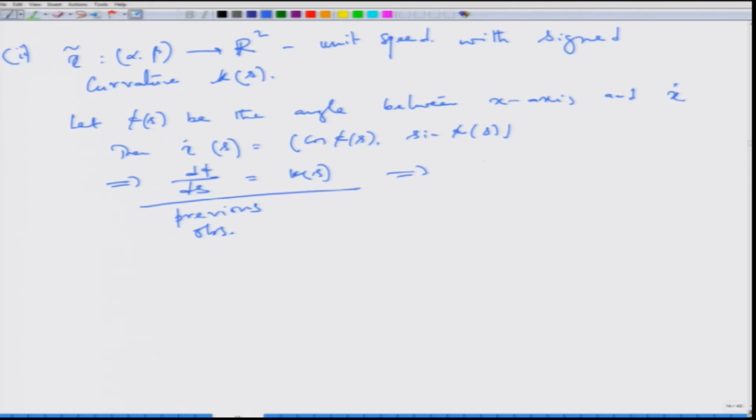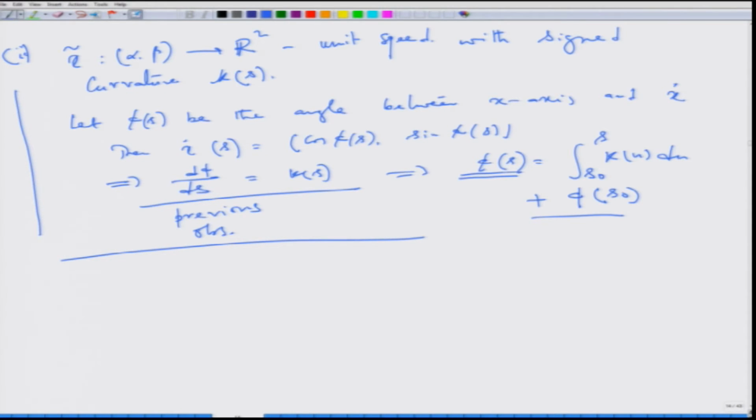This will give us phi s equal to the integral from S naught to S of k u du plus phi of S naught. So I can find this angle phi s given a unit speed curve and a sine curvature k s. So essentially a curve in R 2 is determined by its sine curvature.